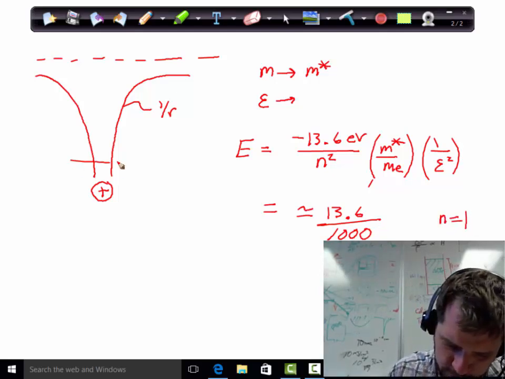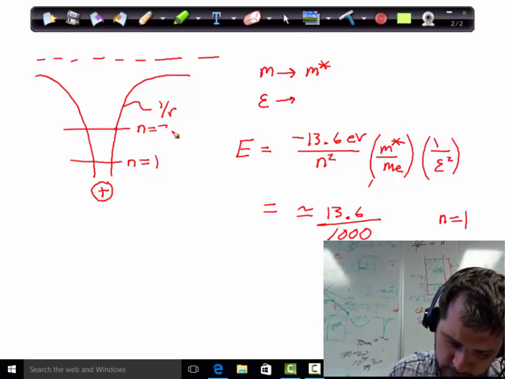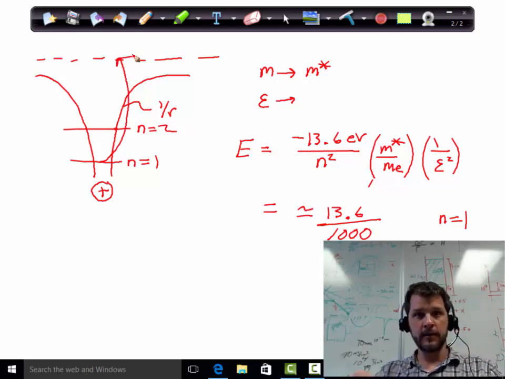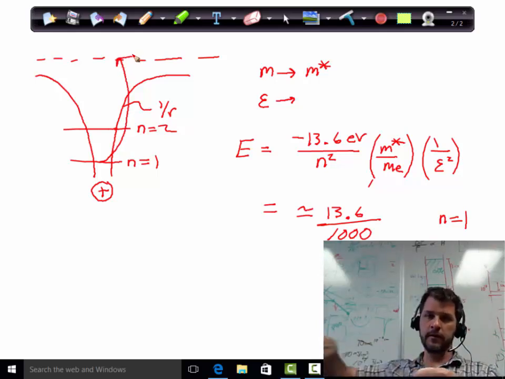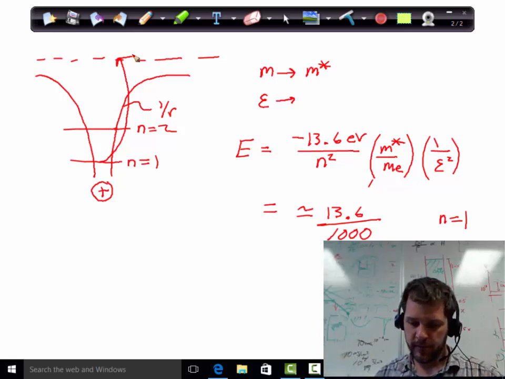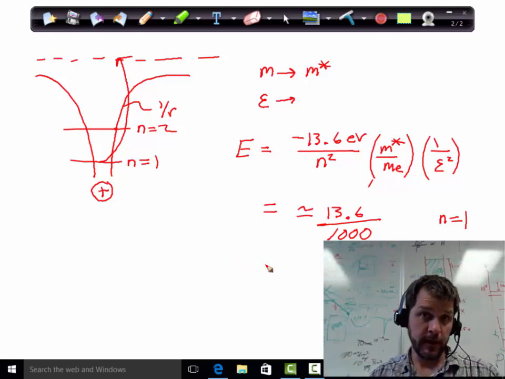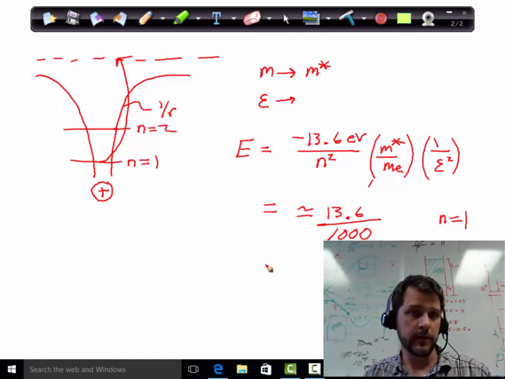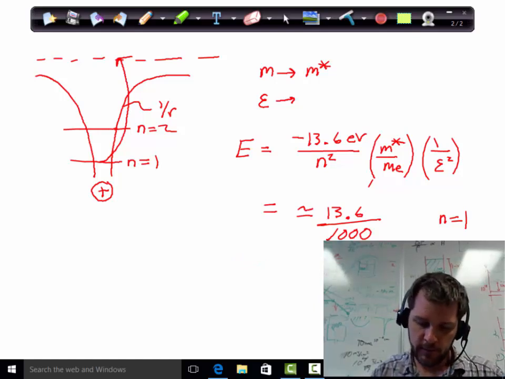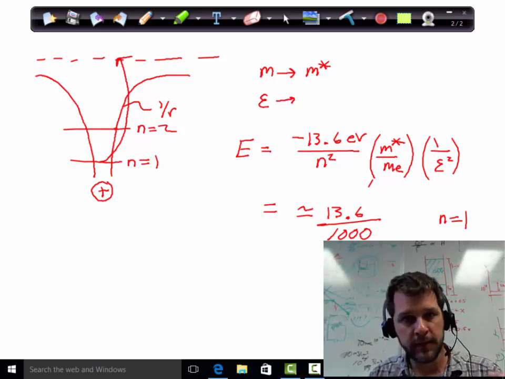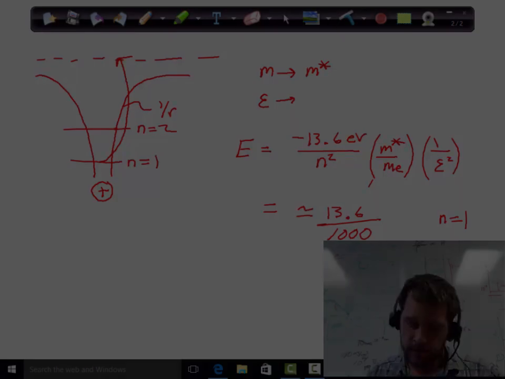So we're looking at transitions that take it from n equals 1 past all these other excited states all the way up, so it's ionized and free to roam around in the crystal away from the phosphorus atom. This is the so-called shallow donor or shallow acceptor ionization energy, and basically it's on the order of tens of milli-electron volts.